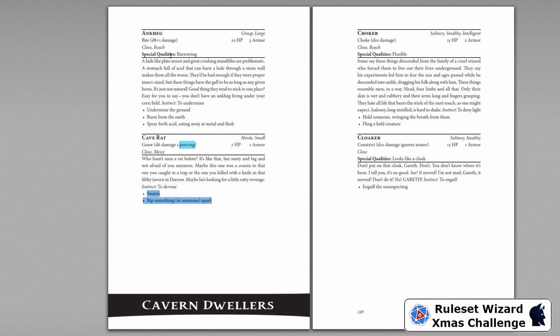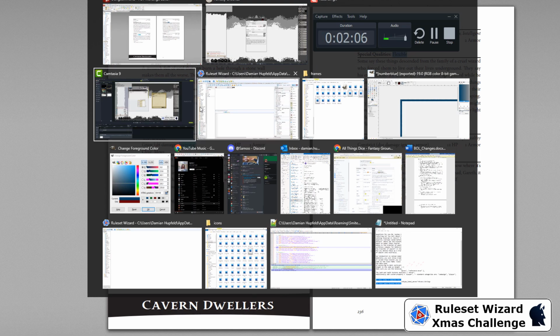We do have things like special qualities, burrowing, special qualities, flexible, and so I've got a field for those as well. So we'll have a look in the rule set wizard and see what we've done there.